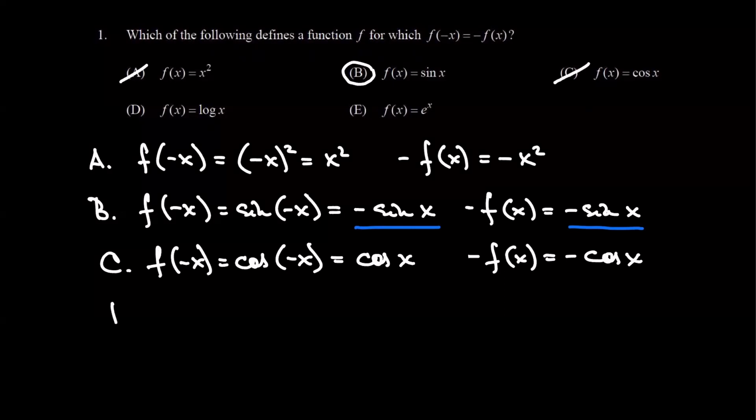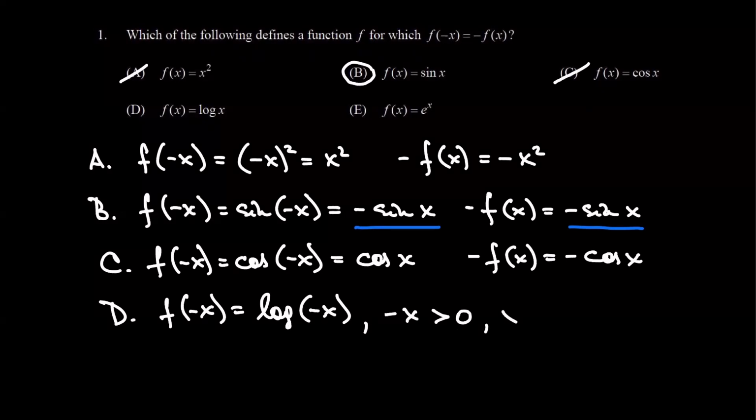For part D, f of negative x is equal to log of negative x. And note that it's defined only for negative x being greater than 0, or for x being less than 0. So it's only defined for x less than 0.